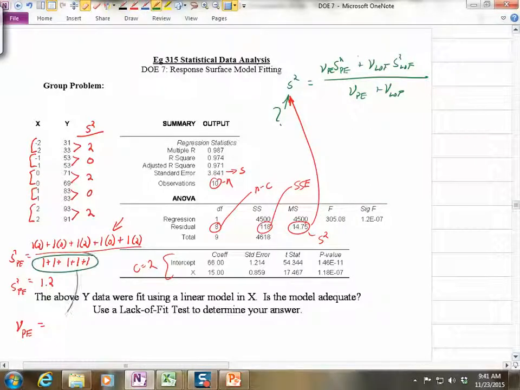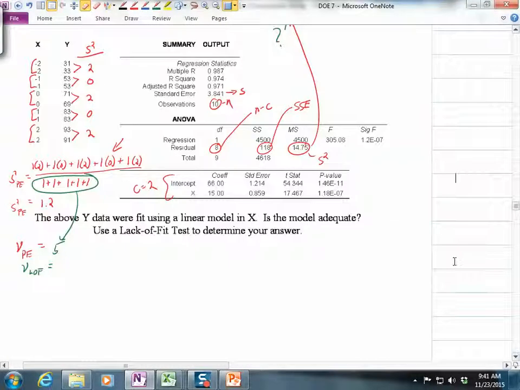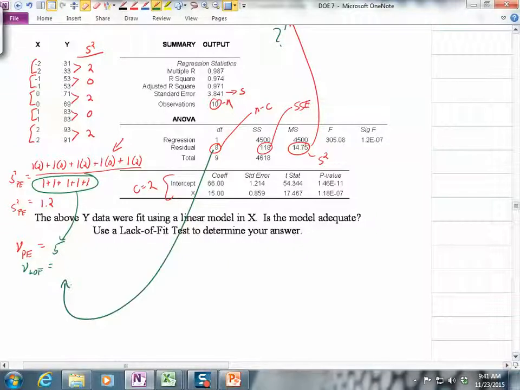Right there, 5. So then how many degrees of freedom in the everything else part, the lack of fit? We have 8 degrees of freedom total, minus 5, so there are 3 degrees of freedom left over.